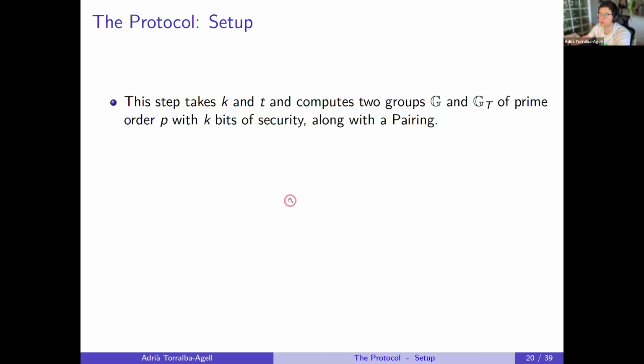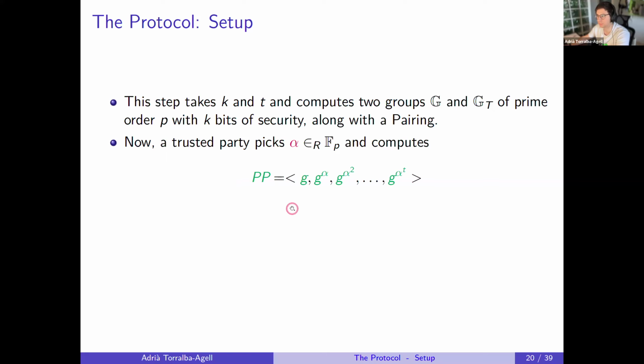Great. And with that, now we ask a trusted party who picks alpha randomly as an element of the finite field. Okay, and this trusted party computes this thing here. These PP are the public parameters, and this is a tuple consisting of g^alpha, g^(alpha^2), up to g^(alpha^T).